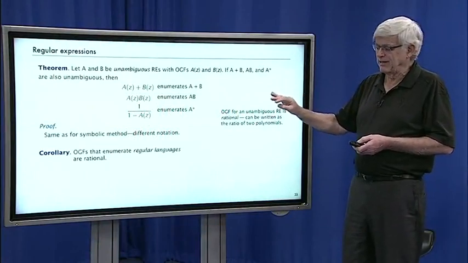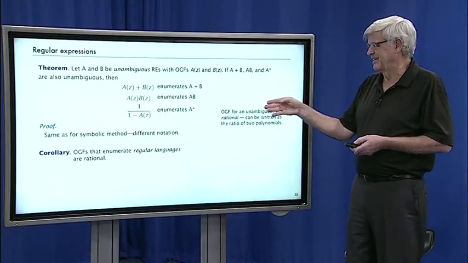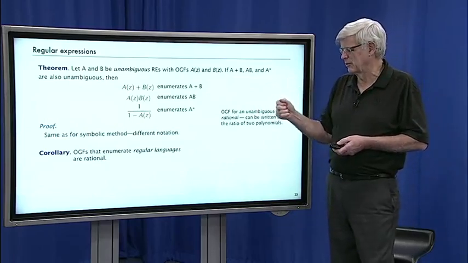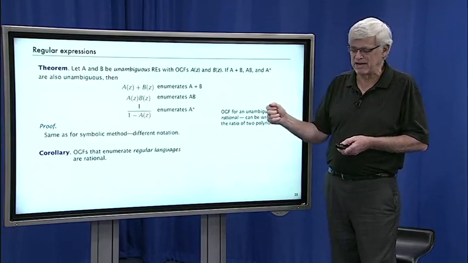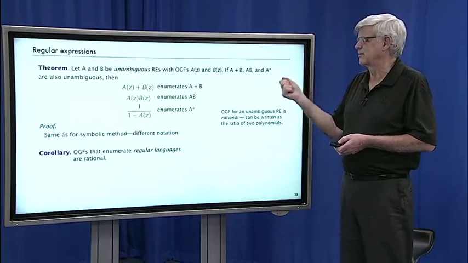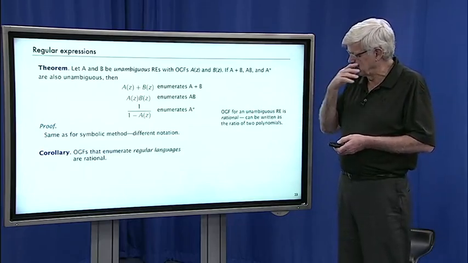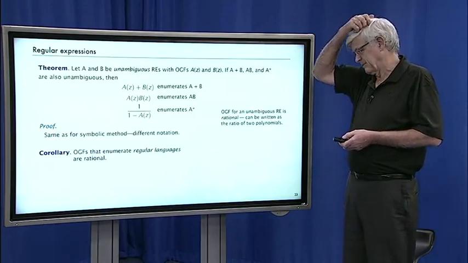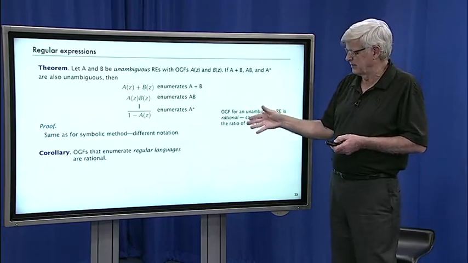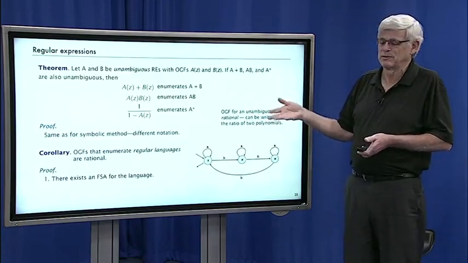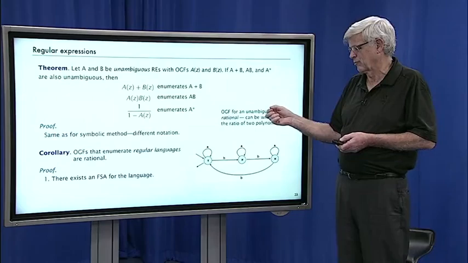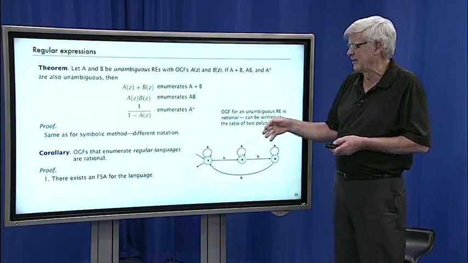Just to highlight the point, another way to say this is that OGFs that enumerate regular languages are rational. A regular language is one for which there exists an RE. It doesn't necessarily have to be unambiguous, but there's a well-known construction that gives an unambiguous regular expression for any regular language.